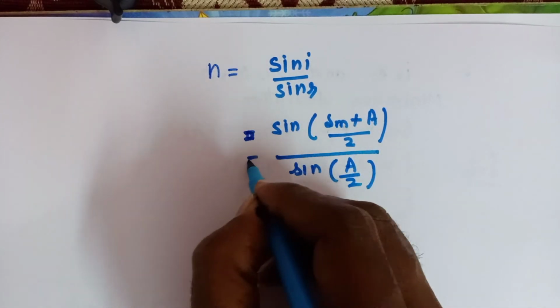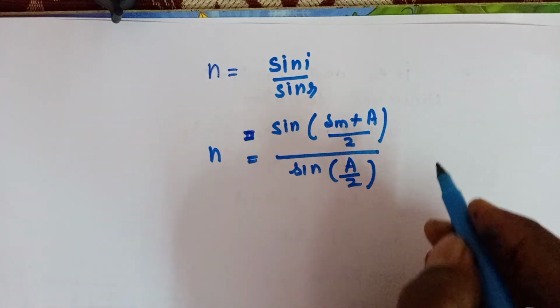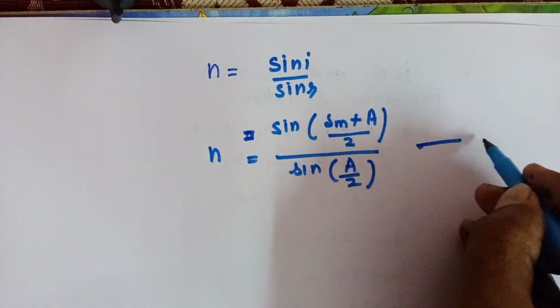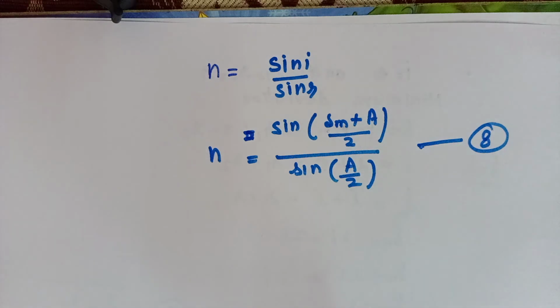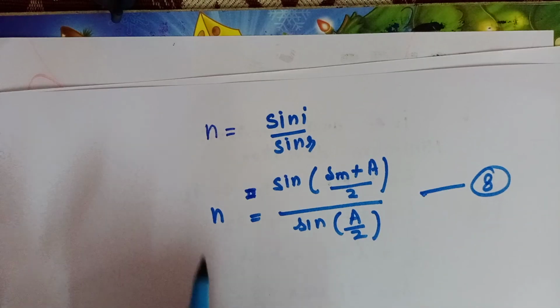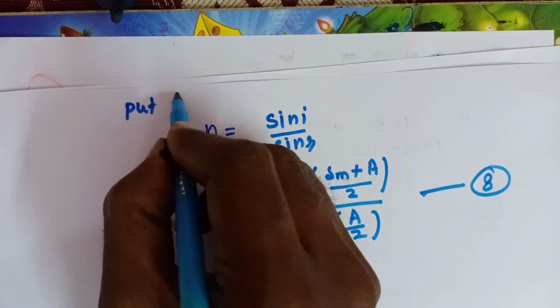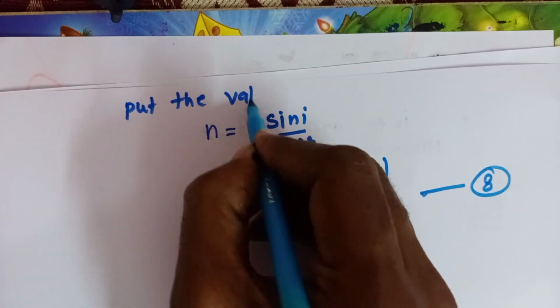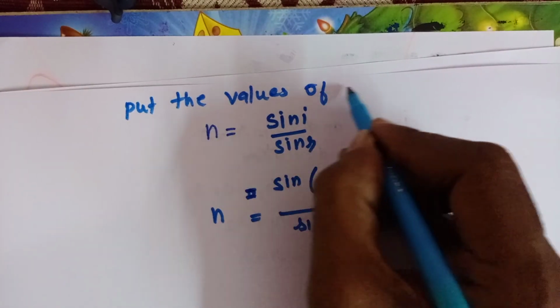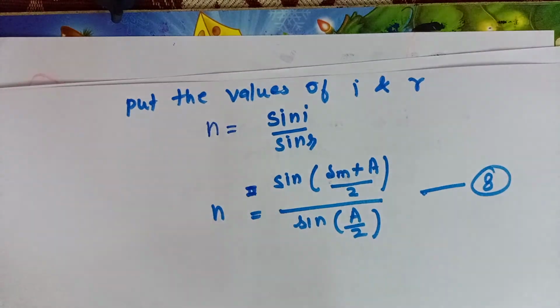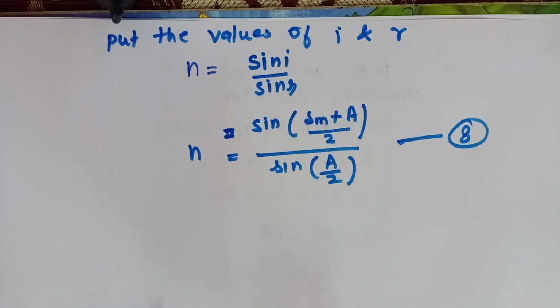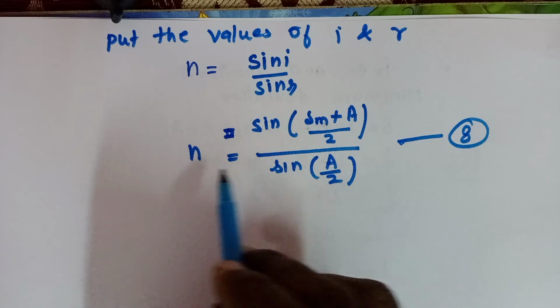This is our prism formula, equation number 8. Because I put the values of I and R, this is one relation between delta M and N.